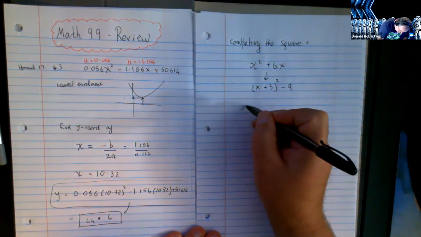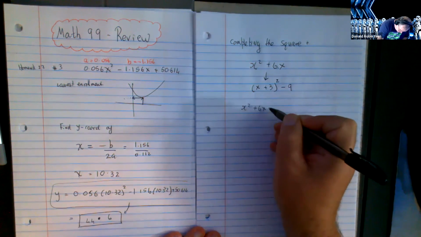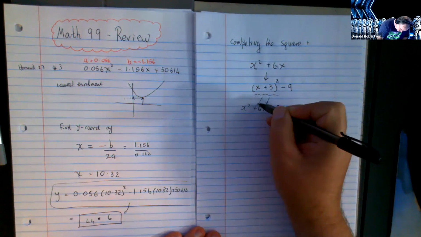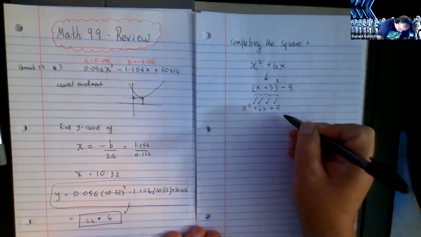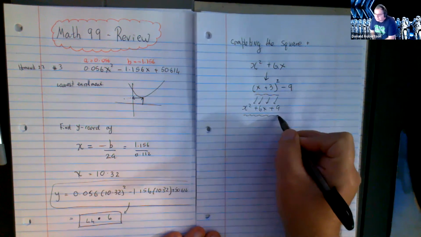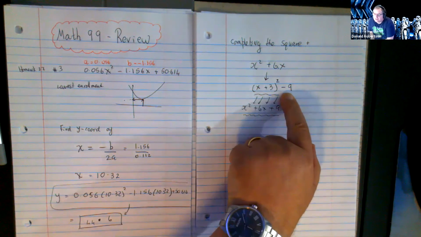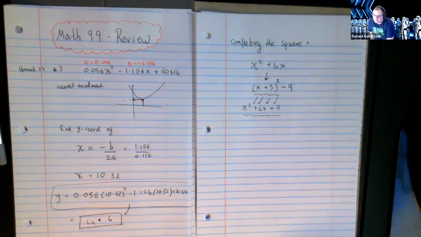I suspect the bit they want is only this piece. So the resultant trinomial is that bit there. They don't want you to bother about the -9, although technically it's there. So I believe that's what they're after.